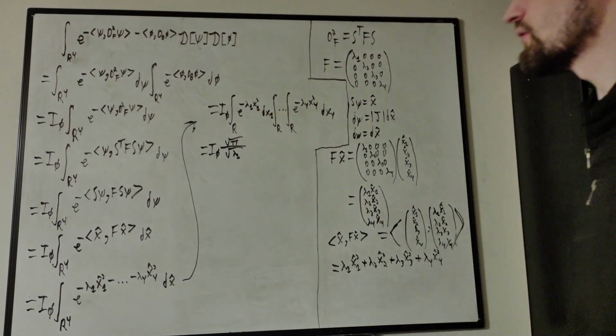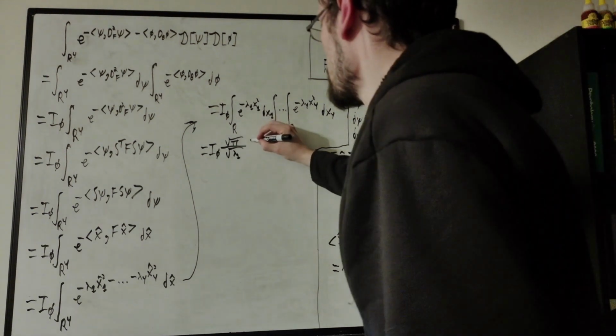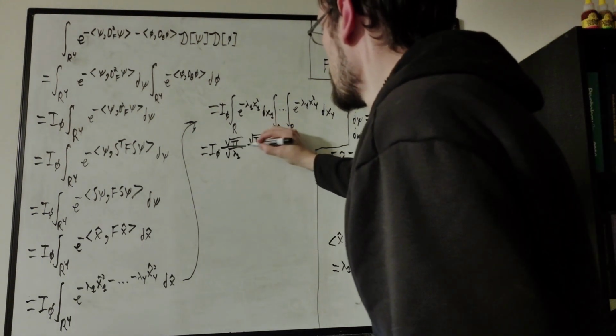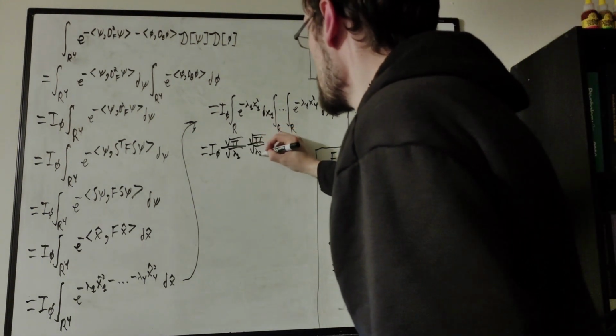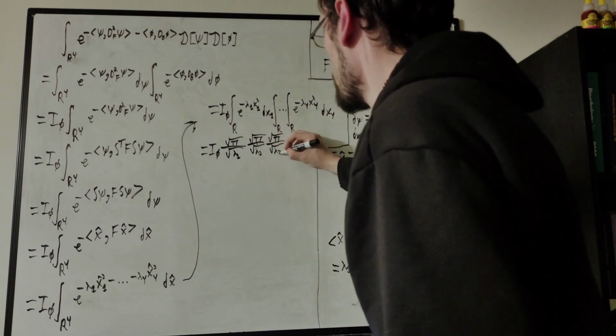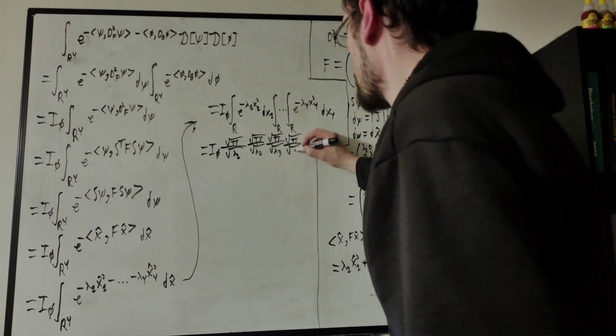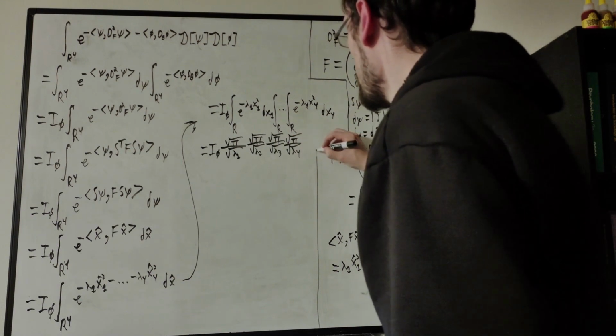That's what this first integral is going to equal. And now we do this three more times for the rest of the integrals. Square root of pi over the square root of lambda 2 times the square root of pi over the square root of lambda 3 times the square root of pi over the square root of lambda 4.